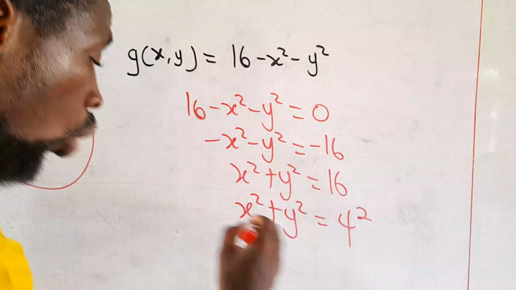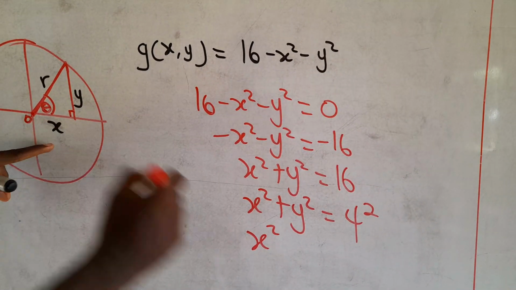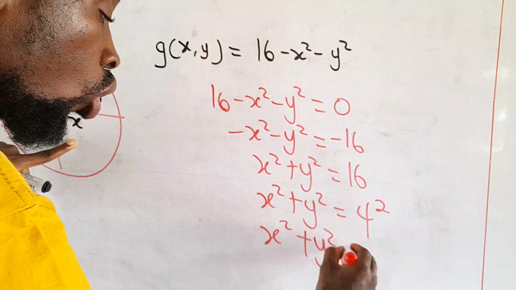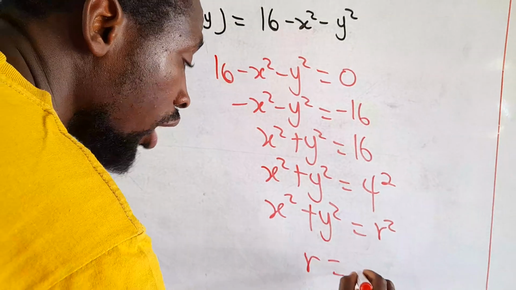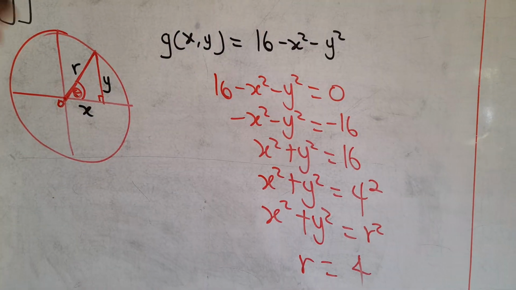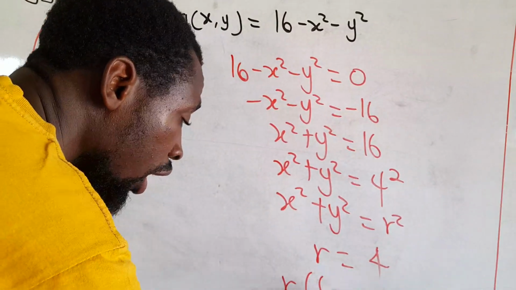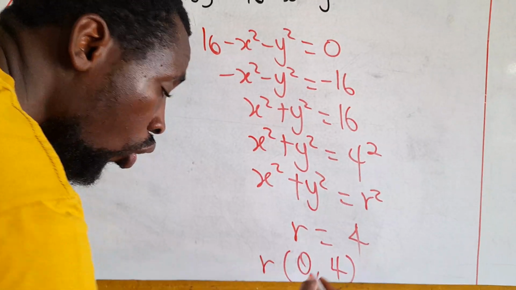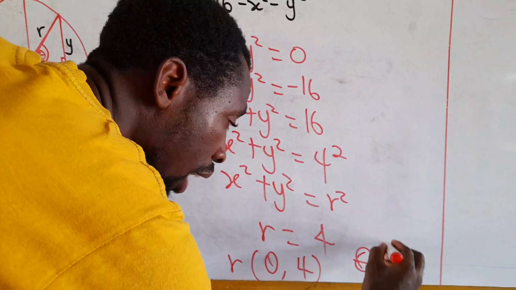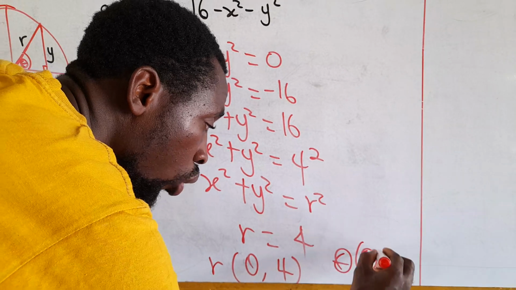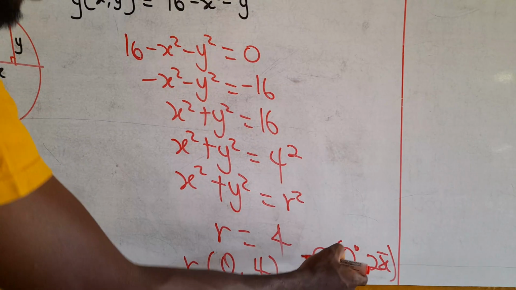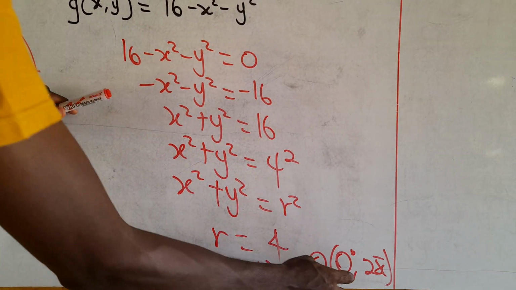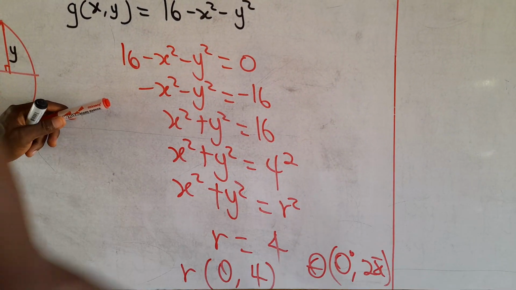Comparing it to x squared plus y squared equal to r squared using Pythagoras theorem, we can say the radius of our circle is 4. So the limiting point of the radius spans from 0 to 4. And that of theta, remember, we span from 0 to 2 pi. That's from when theta is 0 to when theta has made a complete circle.